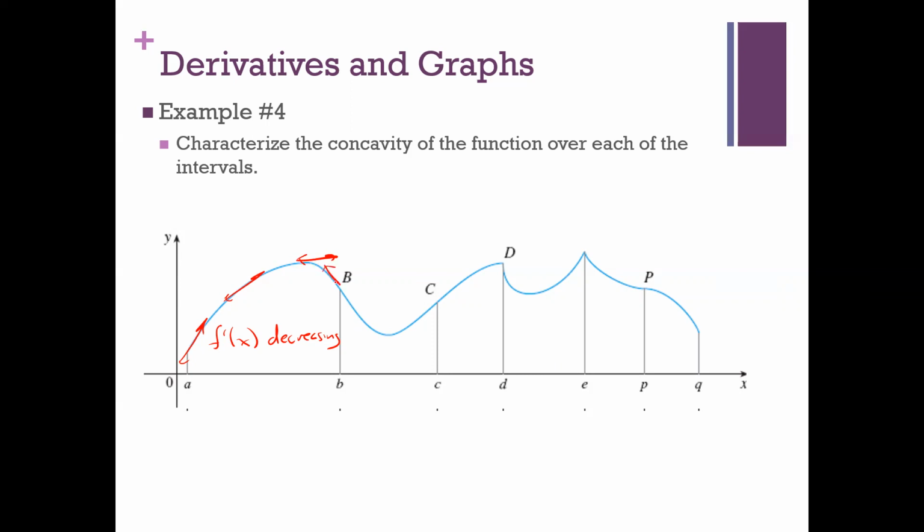And this is even more drastic, that one's going to be negative, right? So your first derivative goes from steep, less steep, 0, negative. That tells me the first derivative is decreasing over that interval. So what does that mean about f double prime? And what does that mean about the concavity of this function over here? Concave down. So I'm glad we did one interval. I'm going to stop there. We'll chop up the rest of this on Monday.